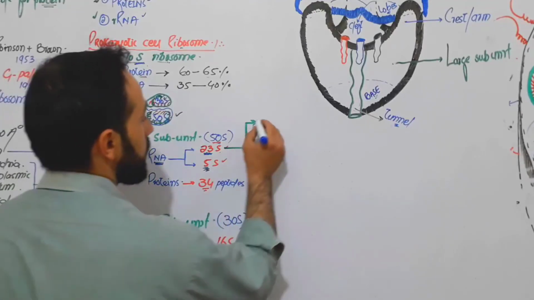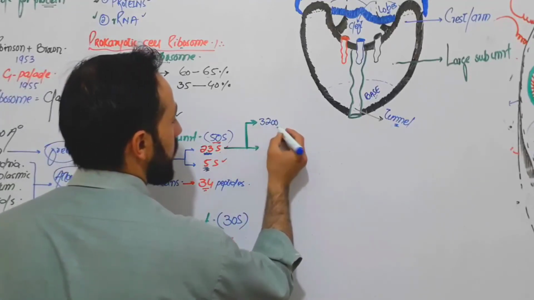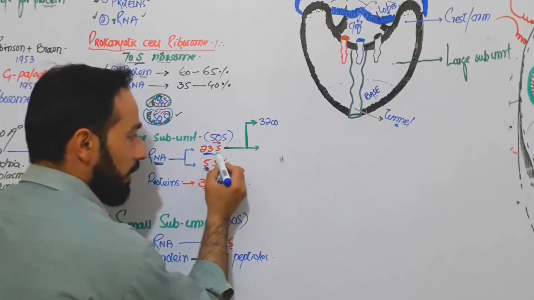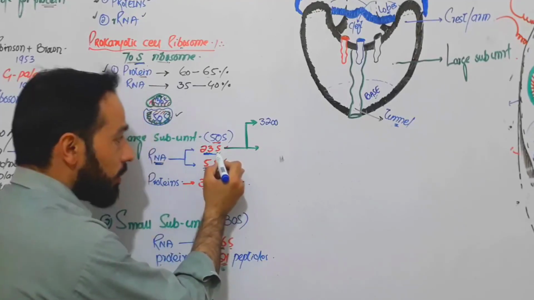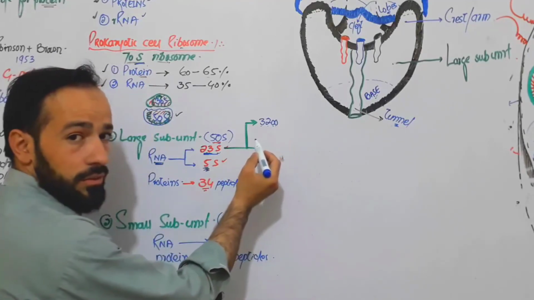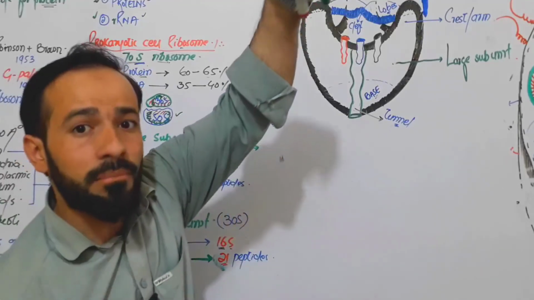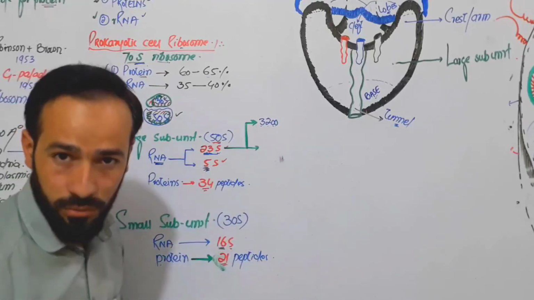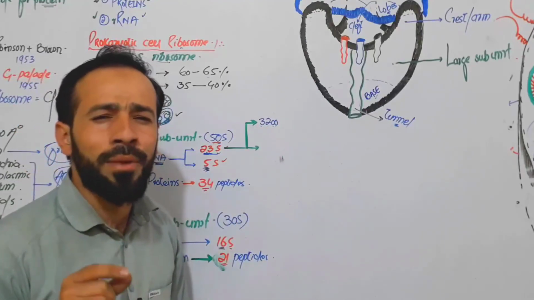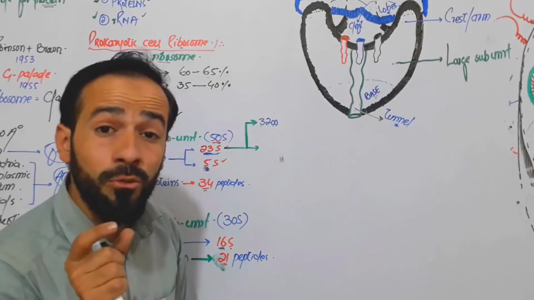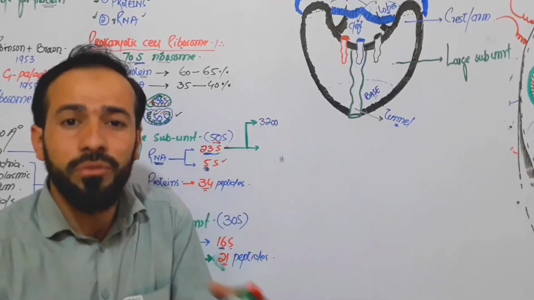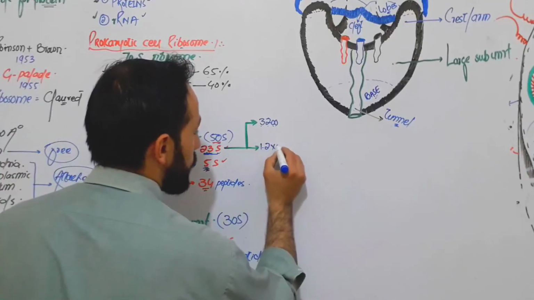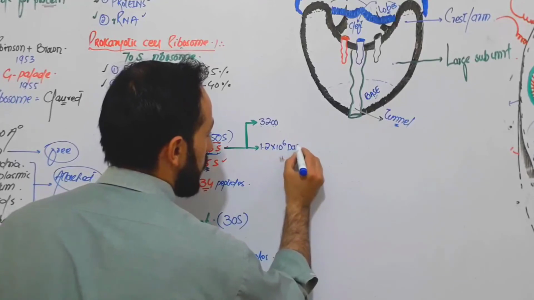So in 23S RNA, how many nucleotides are present? There are 3,200 nucleotides. Once again, how many nucleotides combine to make this 23S RNA? 3,200 nucleotides. And if you take the molecular weight of all those nucleotides, it will be about 1.2 into 10 raised to the power 6 Dalton.